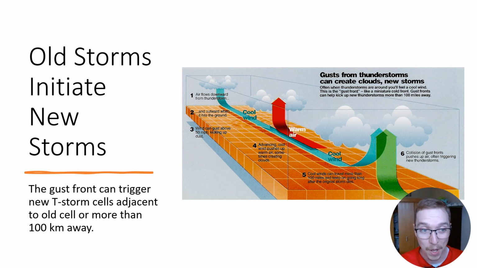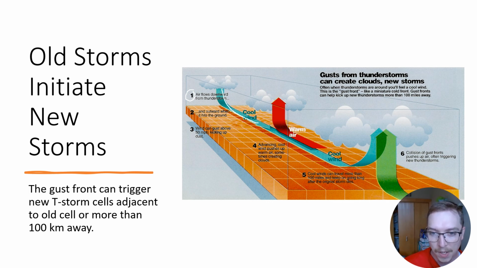Storms can also help initiate new storms. So as storms decay, that gust front can trigger rising air and new thunderstorms adjacent to the old one, or more than roughly 100 kilometers away. If we look over here, air flows downward from a thunderstorm like this, kind of rushing out. That's that cool downdraft, and outward when it hits the ground. So it can kick up dust.